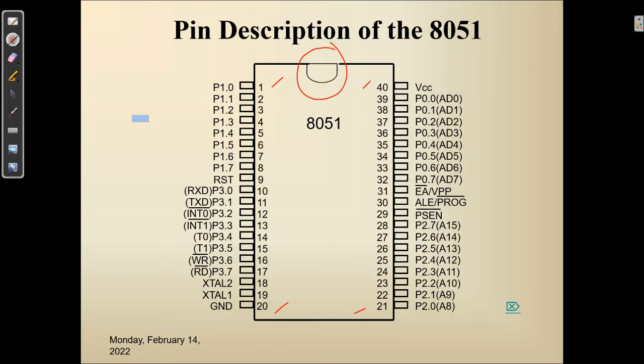Okay, then if you see carefully, you will be able to understand that there are some pins which are of dual function. दोनों दो काम करते हैं. If you see carefully, you will be able to understand some pins do dual functions. Okay, so the alternate functions are written in the bracket.